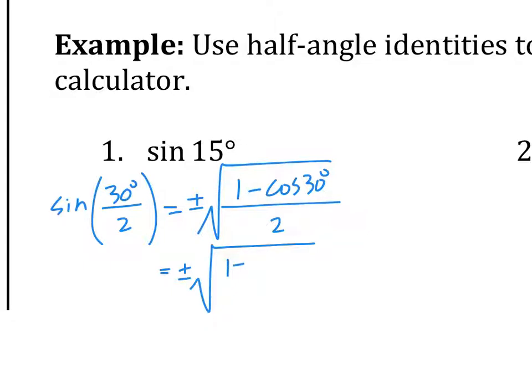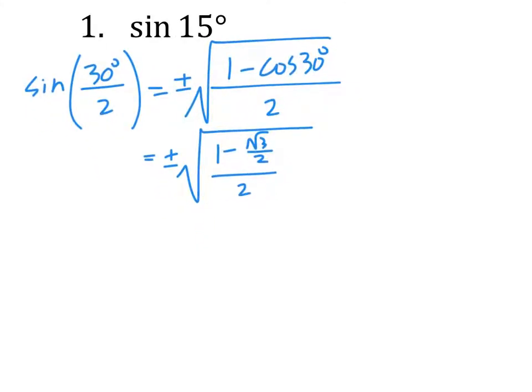Cosine 30, think about where cosine 30 is. Cosine 30 is square root 3 over 2, and this whole thing is over 2. Now, remember algebra 2 where we simplify complex fraction. Okay, first we need common denominator. So plus minus 2 minus square root 3 over 2 over 2.